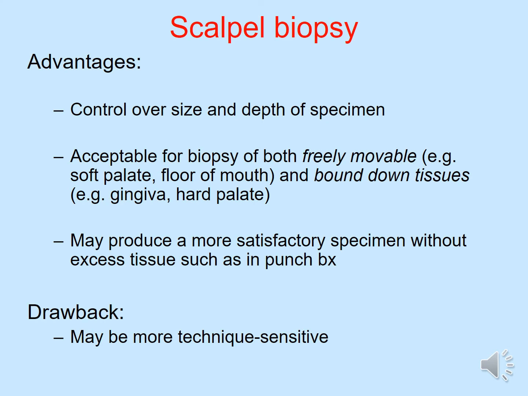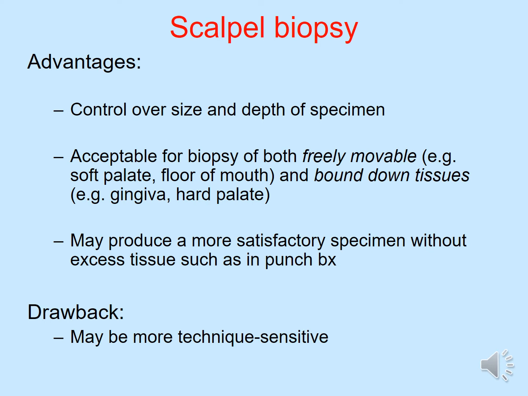Now let's look at the first type of incisional biopsy, which is scalpel biopsy. Let's look at its advantages. We call it scalpel biopsy when you use a scalpel, as I showed you. First of all, you have control over the size and the depth of the specimen, because based on the size of the lesion, you can determine how big a biopsy you need, since the scalpel is directly under your control.